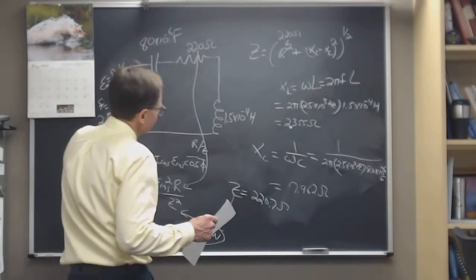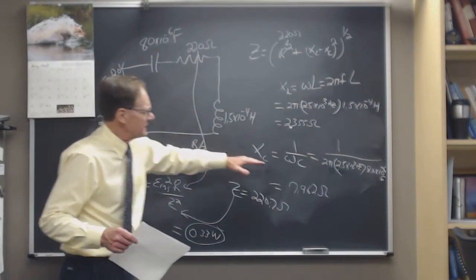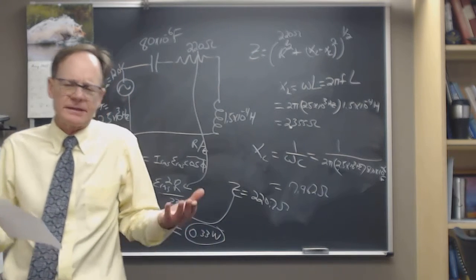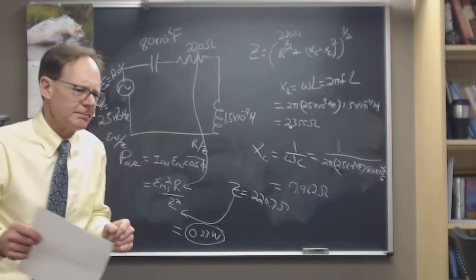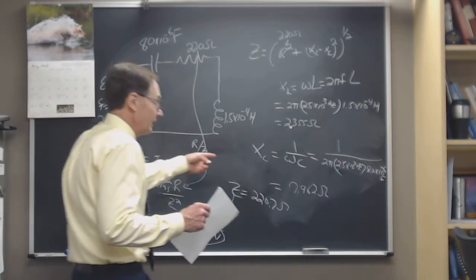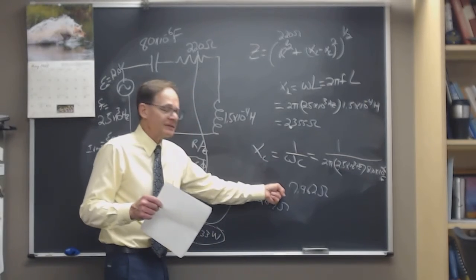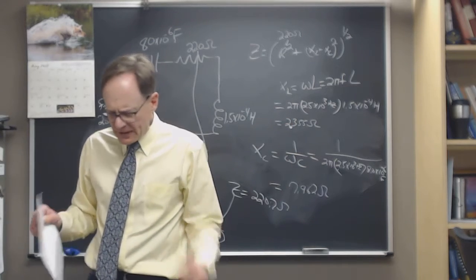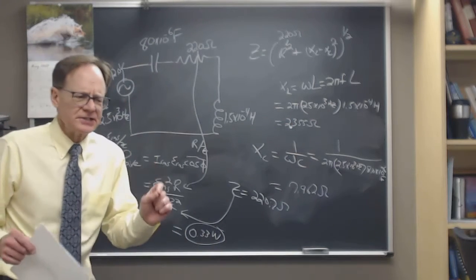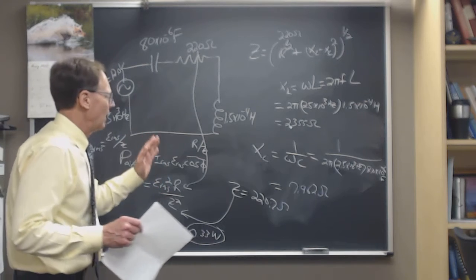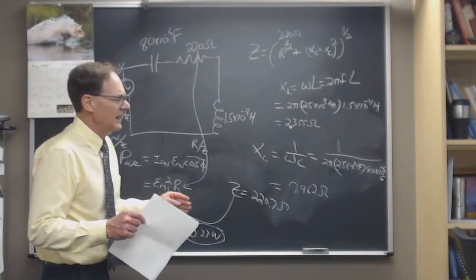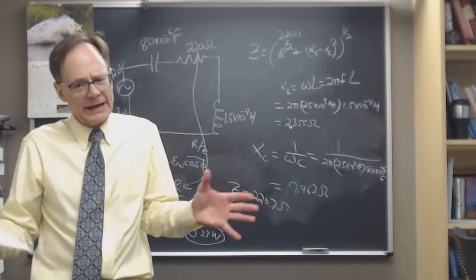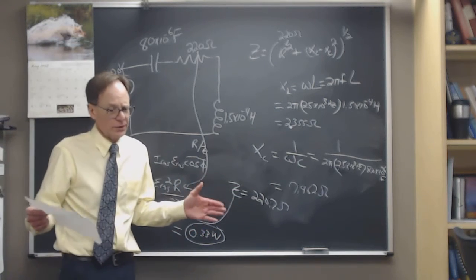To say, look, this is mostly a resistive circuit. The impedance has a very small bit that's added by mostly the capacitor. So the fact that the capacitive reactance is larger than the inductive reactance suggests to us that we are at a frequency that is below the resonant frequency, but we're not an order of magnitude below the resonant frequency or 2 orders of magnitude below.